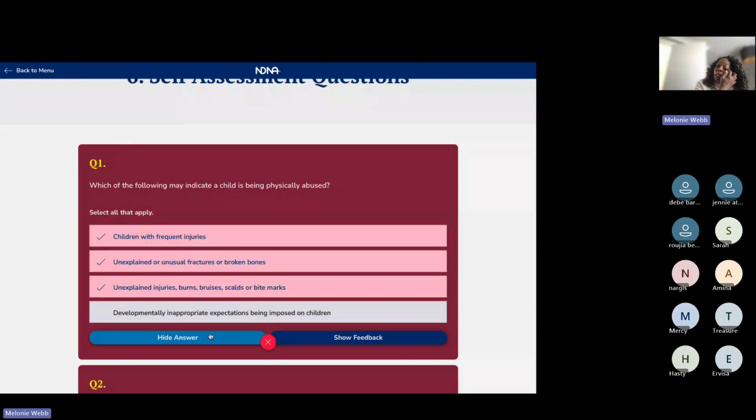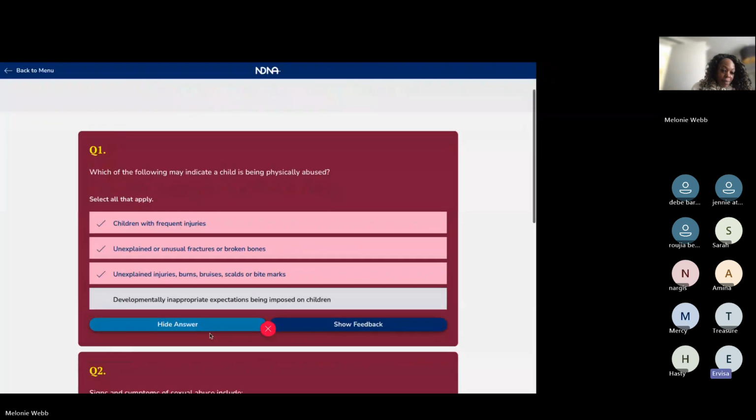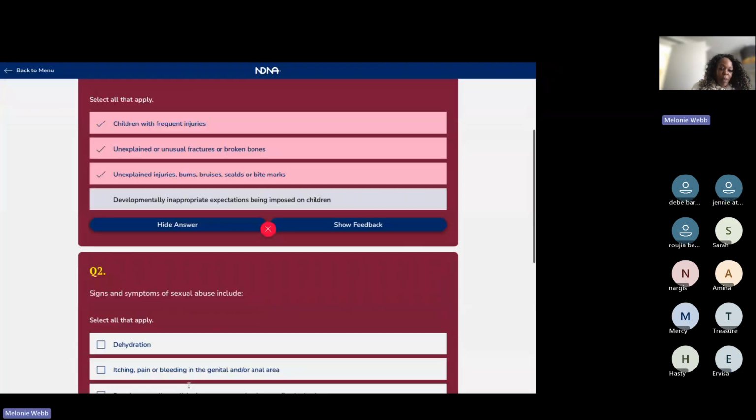So the developmentally inappropriate expectations, what area of abuse did we say that would likely be? Sexual abuse, yeah.